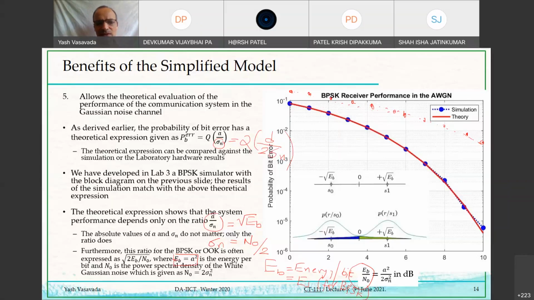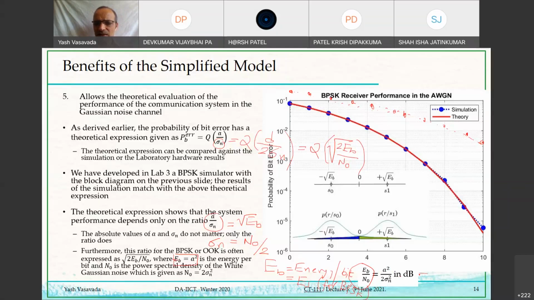And so once I write it like this, then you will obviously see that this same equation that I have written as Q of A divided by sigma n, or Q of D divided by 2 times sigma n, I can also write as Q of square root of 2 times EB divided by N naught. And so a lot of the times the x-axis is this EBNO, or EB over N naught, which is nothing but A squared divided by 2 sigma n squared, as we have just now seen.